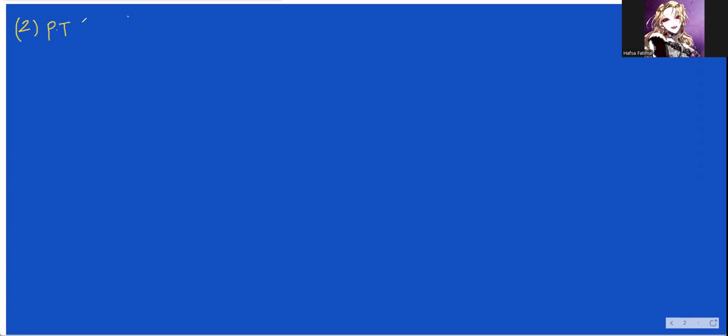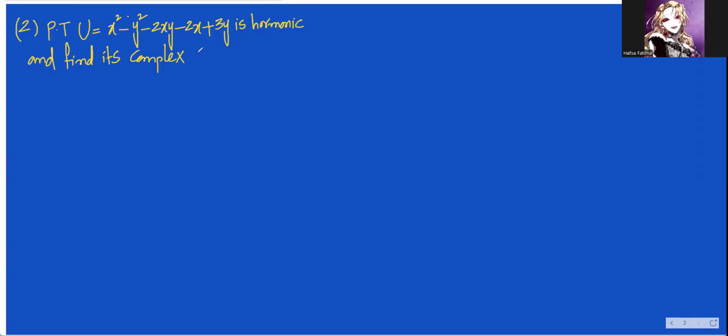Prove that u is equal to x square minus y square minus 2xy minus 2x plus 3y is harmonic and find its complex conjugate.